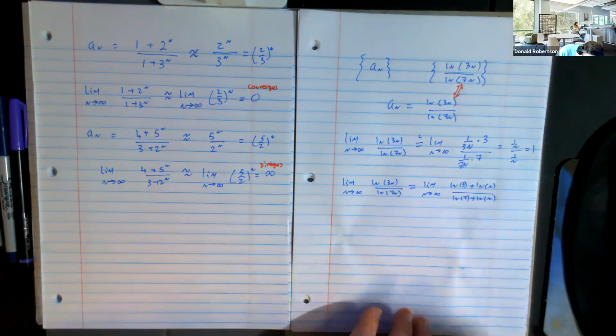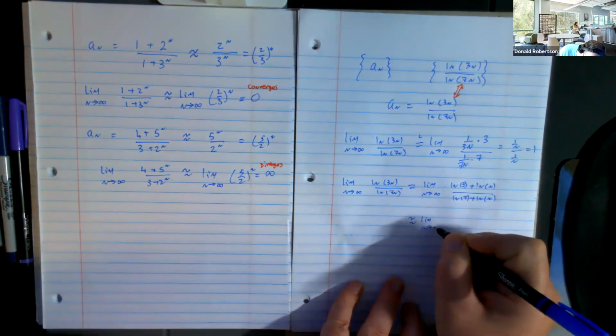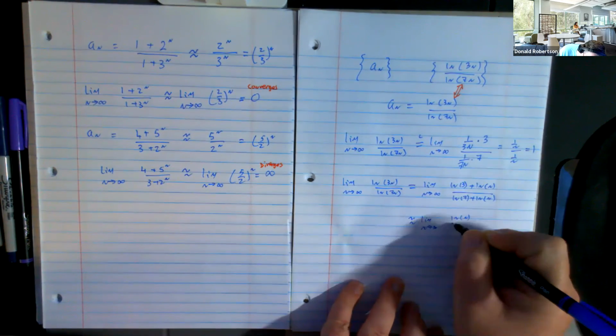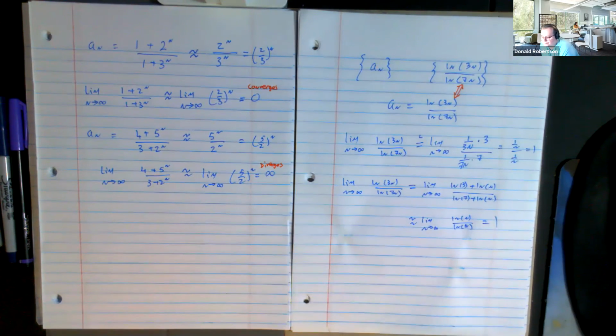Or can I do some surgery and say that for very large values of n, that fraction really looks like 1? It looks like ln n on the top over ln n in the bottom.